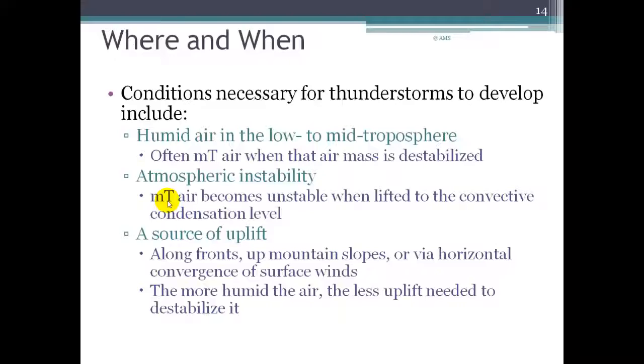So the warm, moist air lifts up to the convective condensation level. We get clouds forming. And if there's any source of uplift, in addition to this regular convection that happens from radiational heating, like a mountain slope or convergence of surface winds or along a front, then we're definitely likely to see thunderstorms develop.